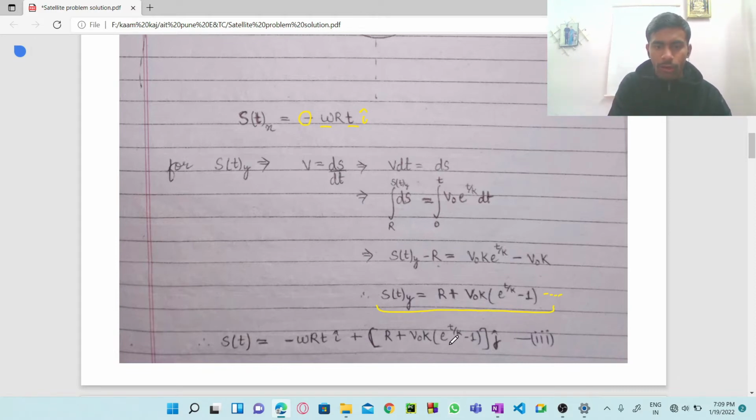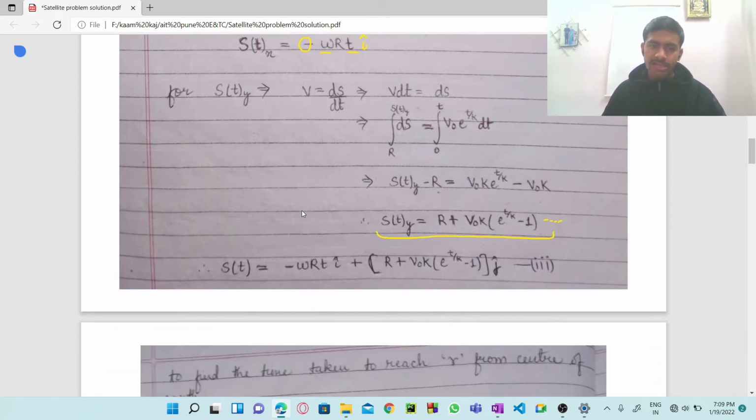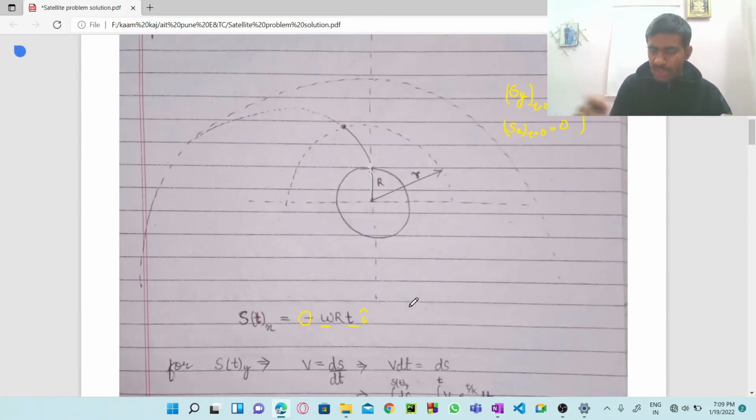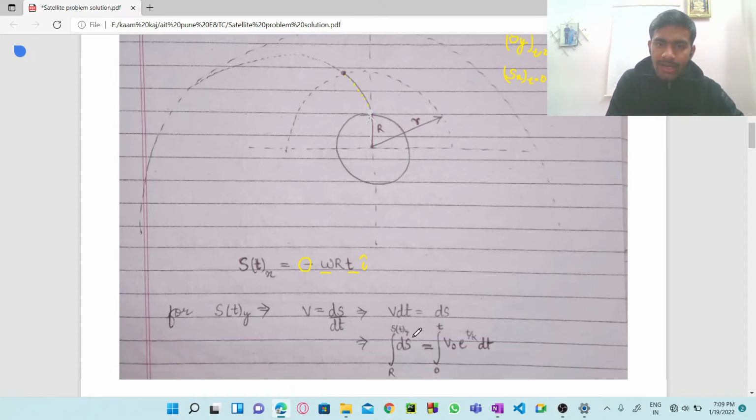So writing the overall equation, I would get the position vector as these two in combination, where x and y both are considered. I am just tracking the position of the satellite with time like this, and this is what we actually need. So let's proceed.